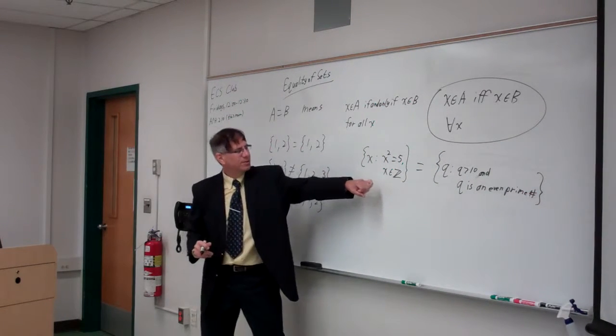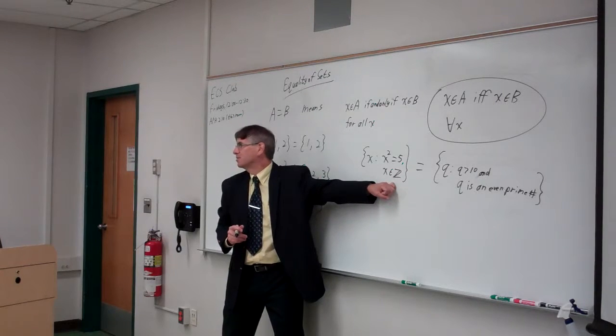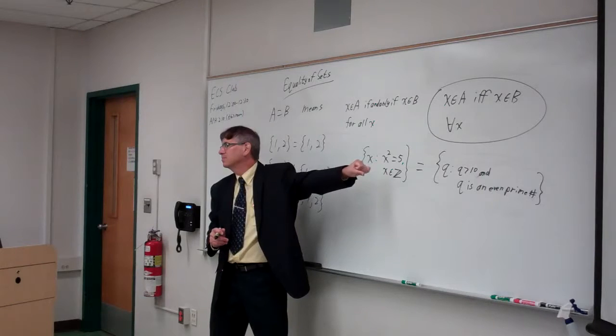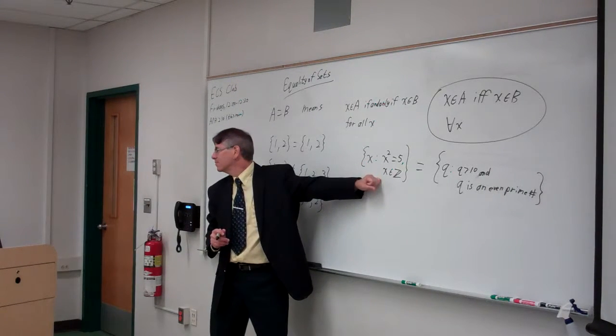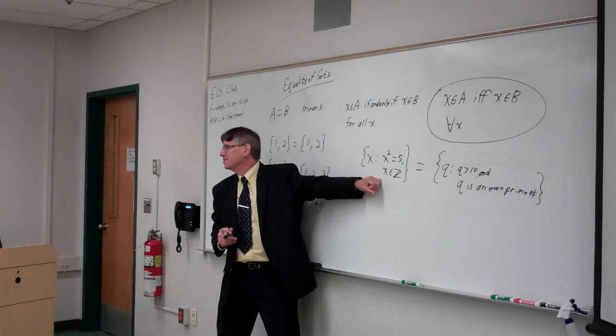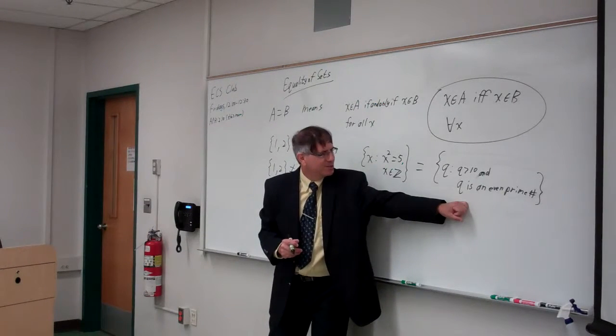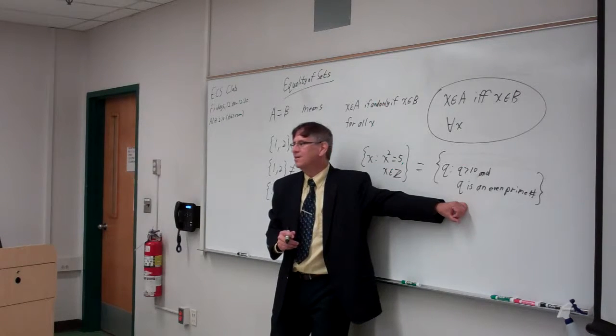This is a set of all x, which is an integer coming from Z, whose square is equal to 5. So what does this set look like? Is that an integer? So is there anything in this set? This is empty. This is the set of all numbers q, which are bigger than 10 and are an even prime number.